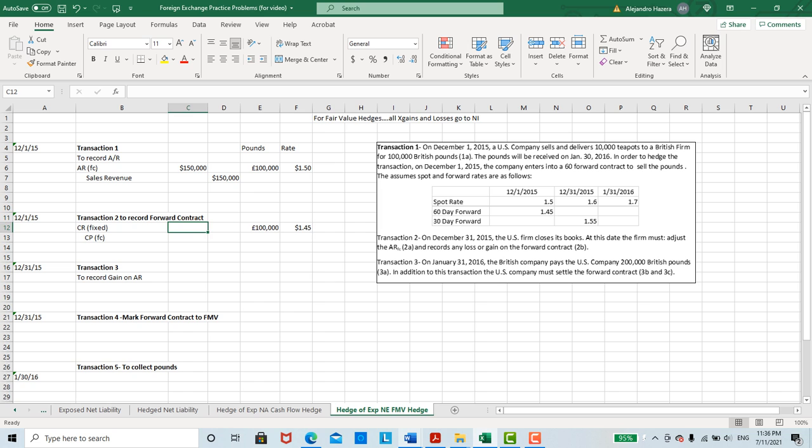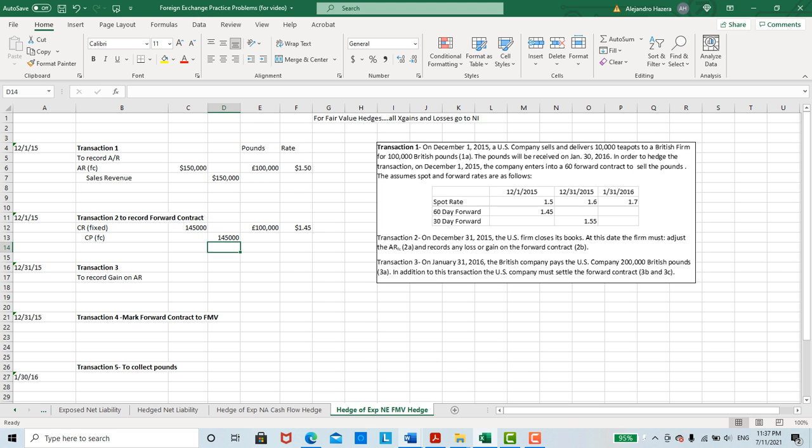That makes sense because the contract is fixed, and that's how much you're going to receive in this case for the 100,000 British pounds that you deliver.